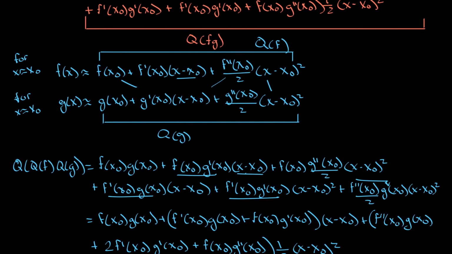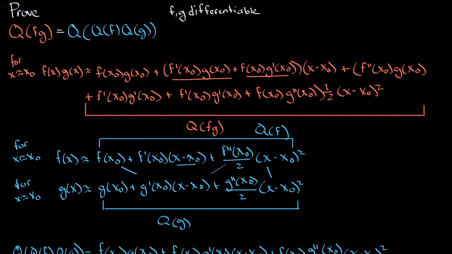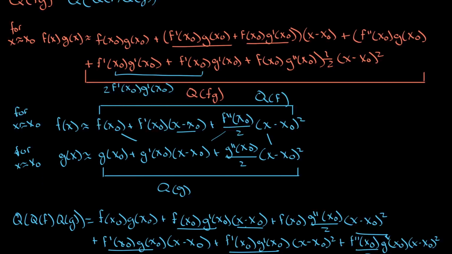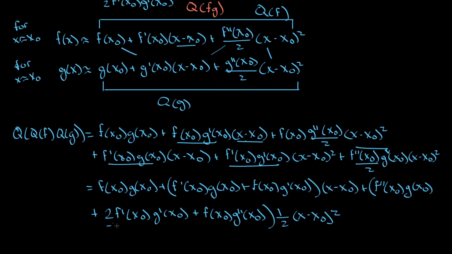I don't think I can fit them both on the same screen, but they are the same. The only difference is these terms right here. These are the same two terms. You can add them together and you would get 2 f prime of x naught times g prime of x naught. And this here is exactly what we have down here for those.